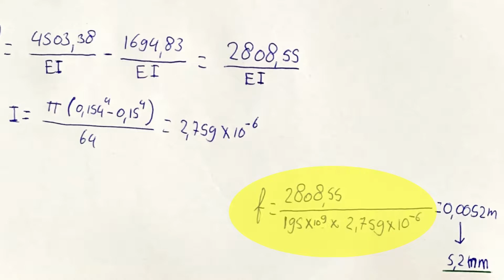Our pipe has an outer diameter of 154 millimeters and a wall thickness of 2 millimeters. So we fill that in our equation and then we can calculate the final displacement. Our displacement is 5.2 millimeters, which for this application is totally acceptable.